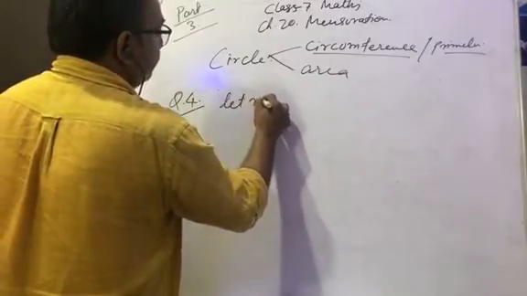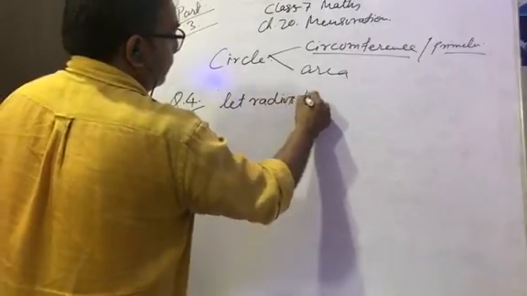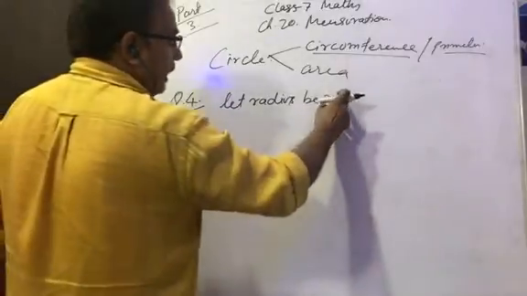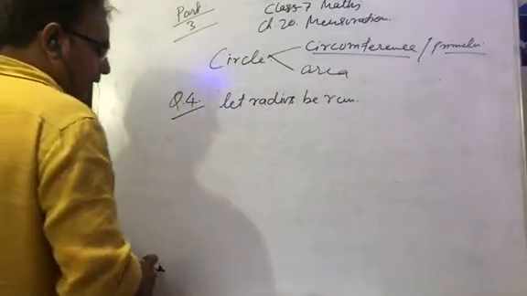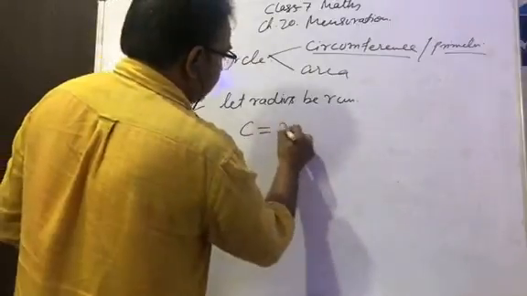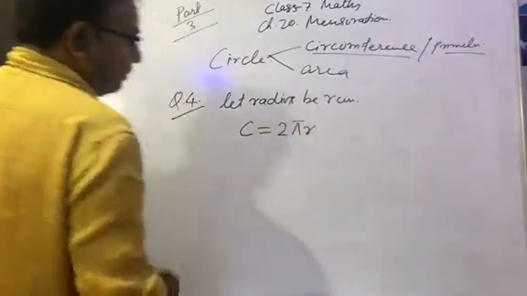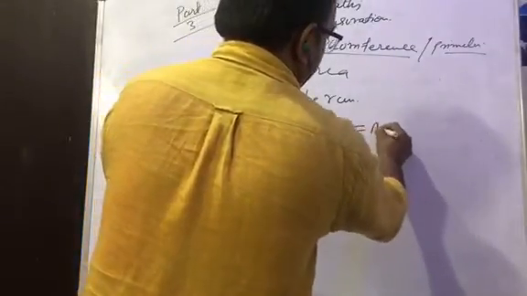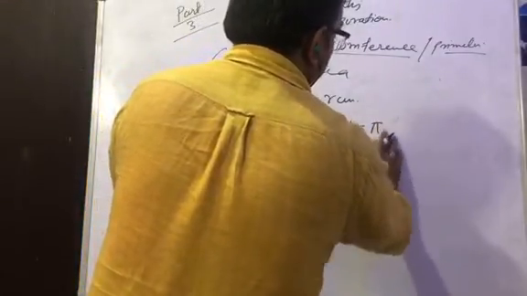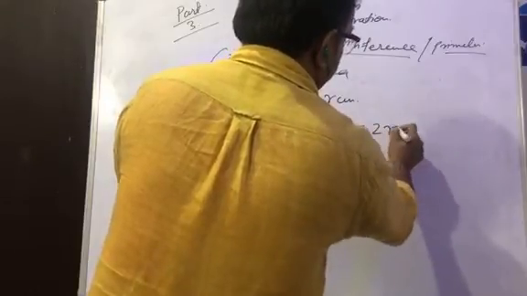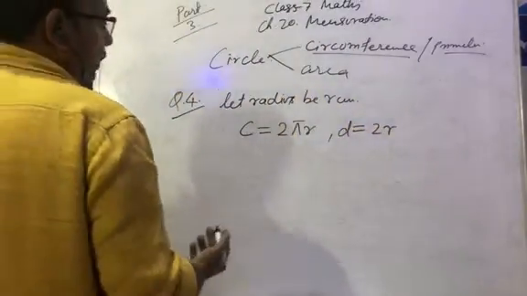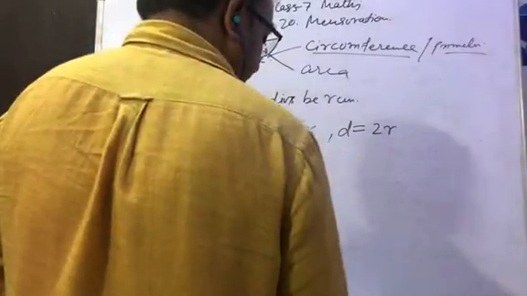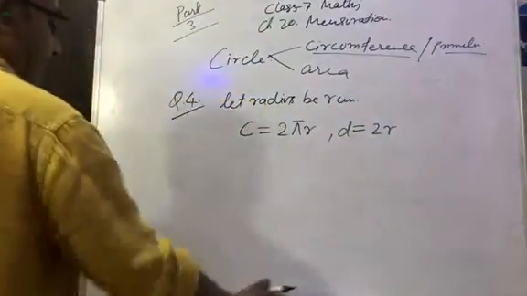So let the radius be r centimeter. Clear? Let the radius be r centimeter, and we know that circumference is equal to 2 pi r and diameter is equal to 2r. The question says the circumference of a circle exceeds its diameter by 18 centimeter.